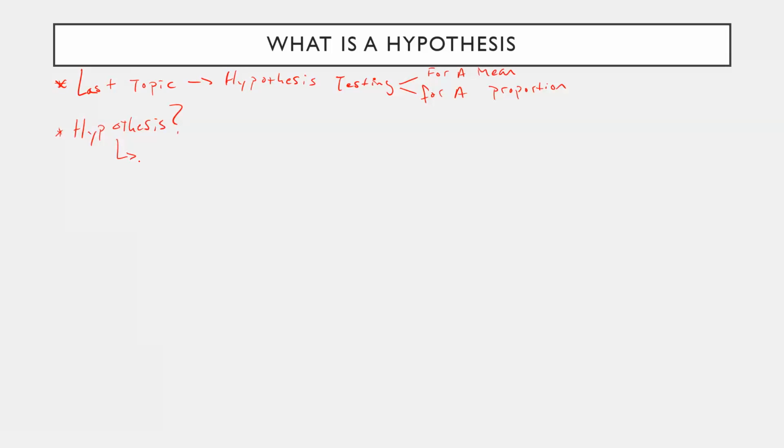Yep. So in statistics, we use the term hypothesis a little bit differently. Kind of like an educated guess, but in statistics, a hypothesis is a statement regarding the characteristic, and by characteristic, I mean value, of a population parameter.